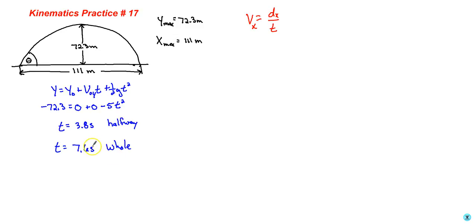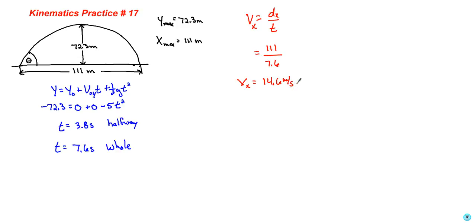We know the total time is 7.6, and we know how far it's going to travel in that time. And we know that the speed in the x direction is always the same amount, no matter where we are. So if we find it in one place, we know it in every place. So then it's just 111 divided by 7.6. So then we know that v sub x is going to be 14.6 meters per second.